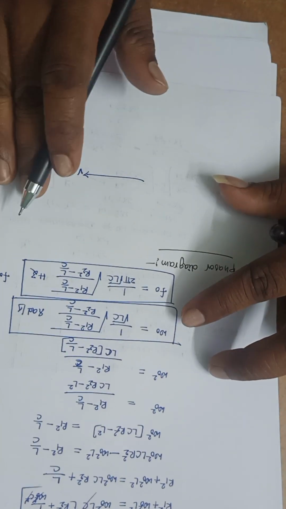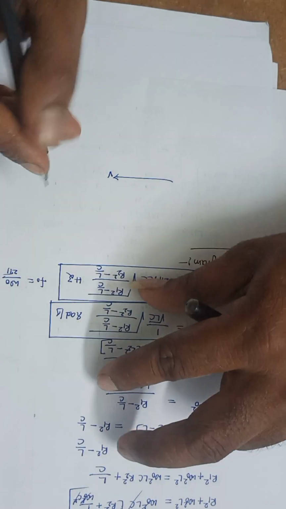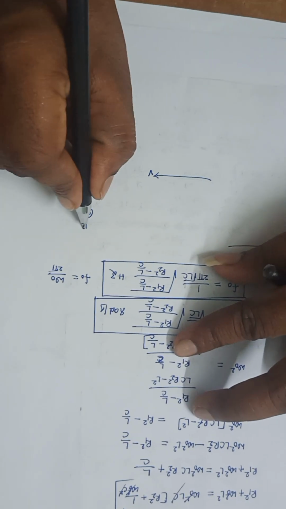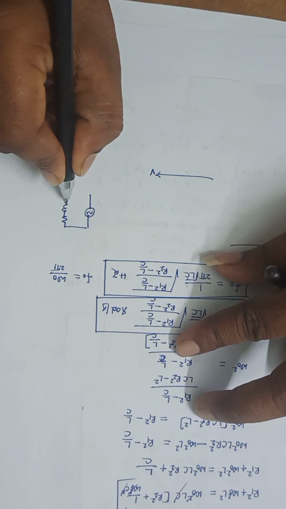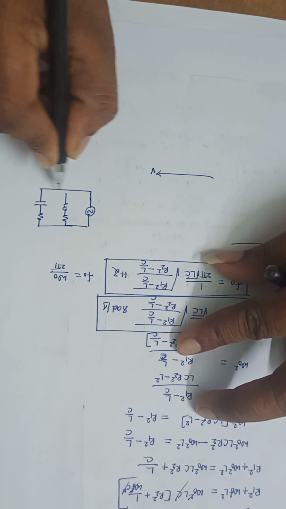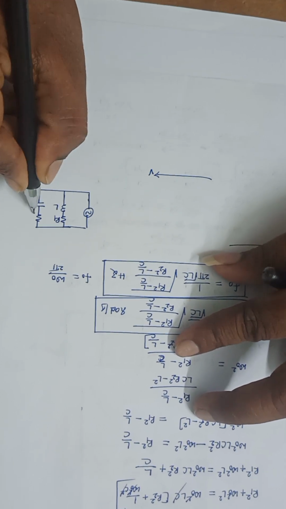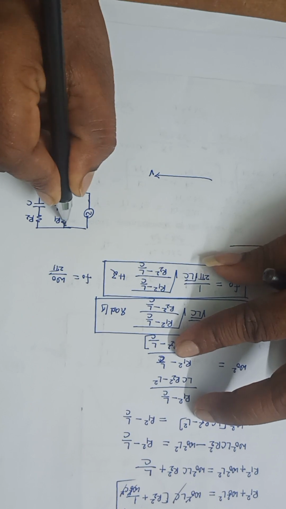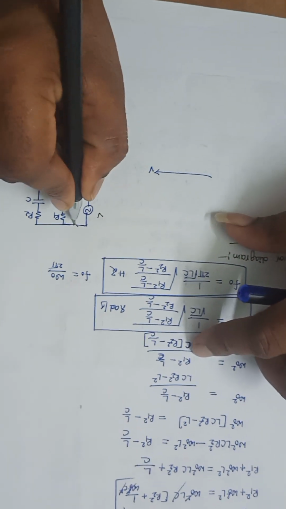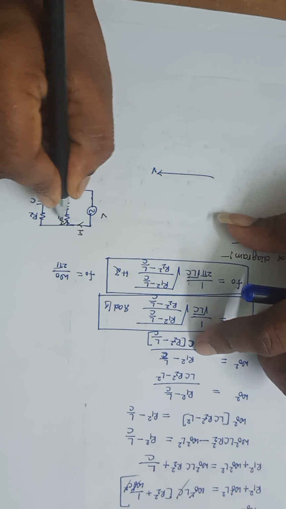So I1. Let me draw this circuit here itself so that we can understand. This R1, L, R2, C. It is V, it is I, I1, I2.